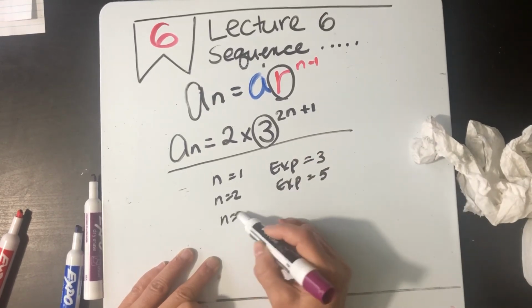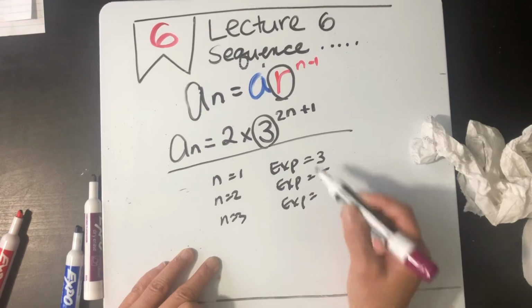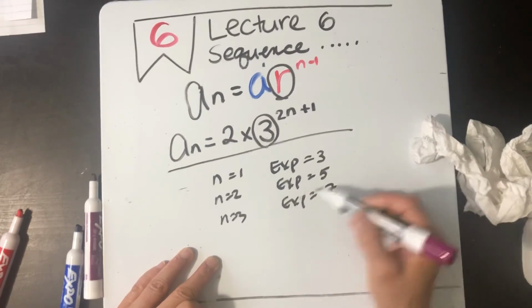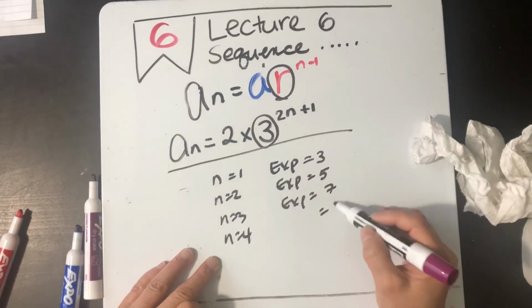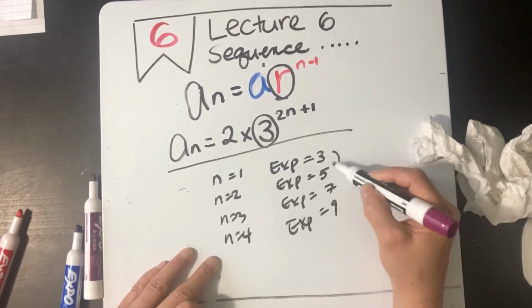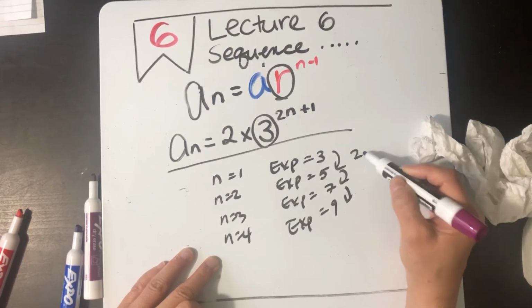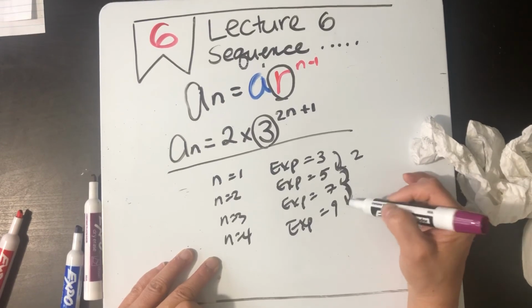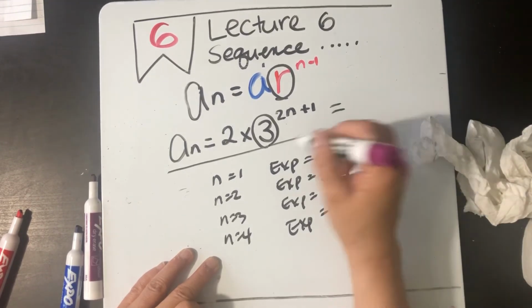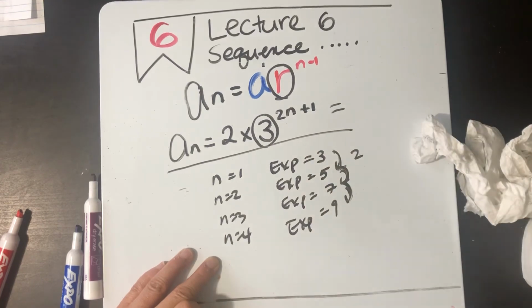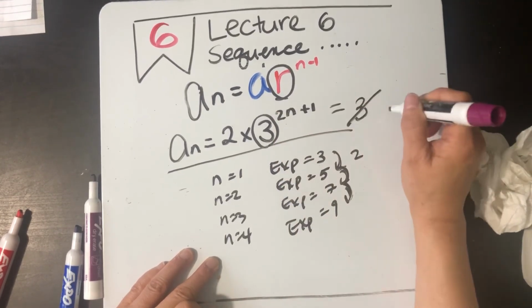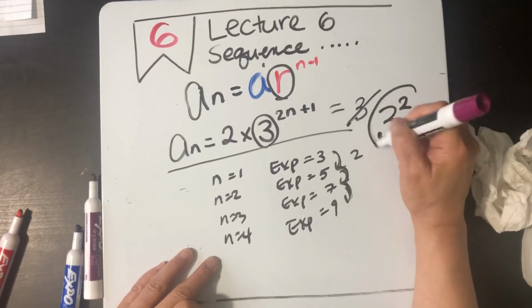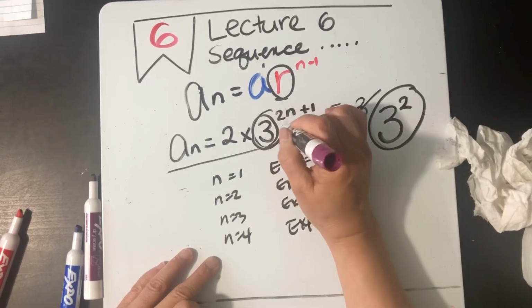N is 3, the exponent is 6 plus 1 is 7. Let's go one more. N is 4, 8 plus 1 is 9. So it's not going up 1 by 1. It's actually increasing by 2. So the ratio is not 3, but the ratio is 3 squared. That's the ratio.